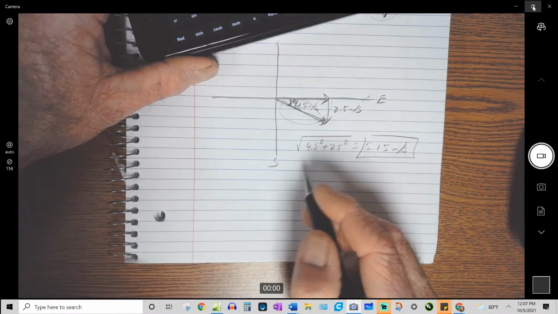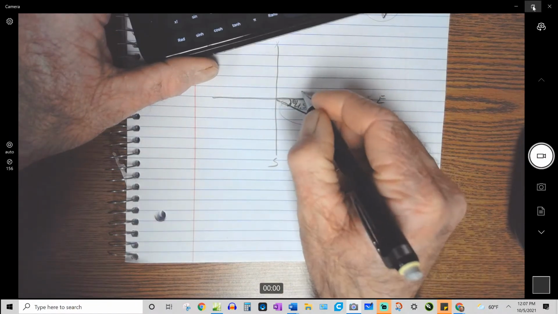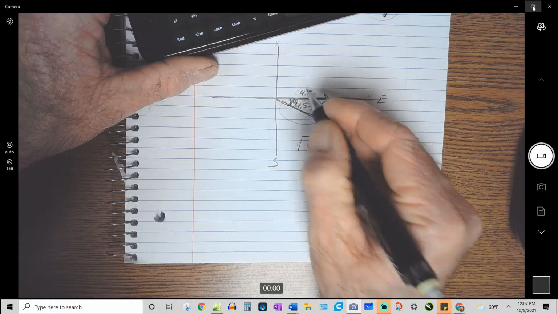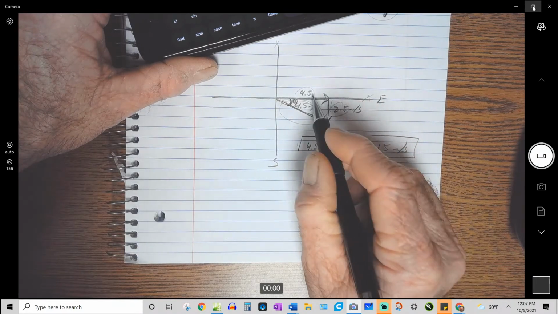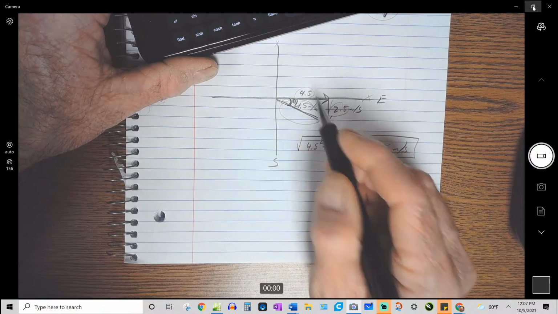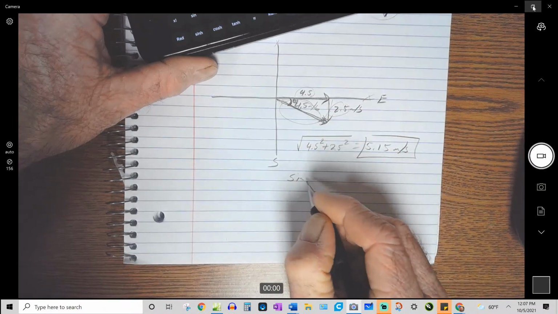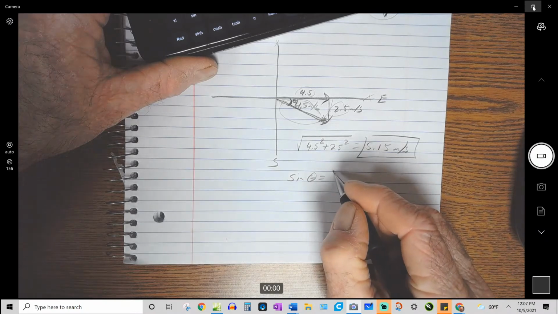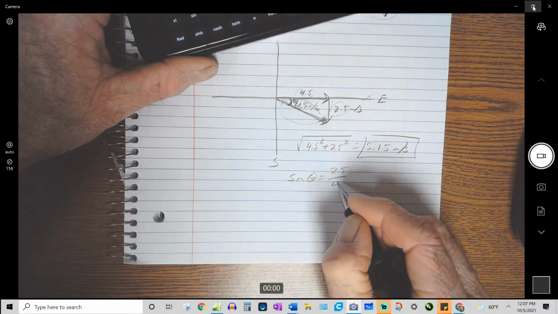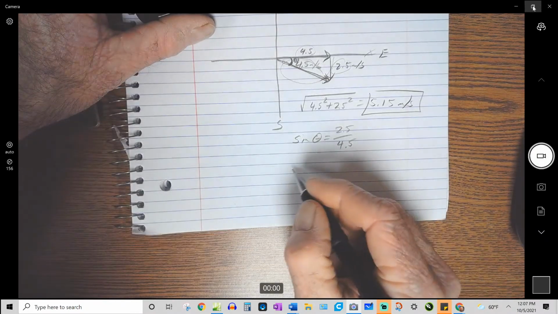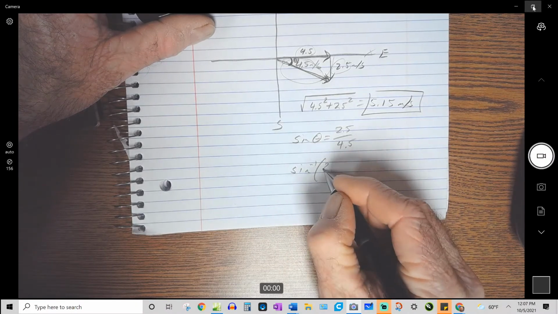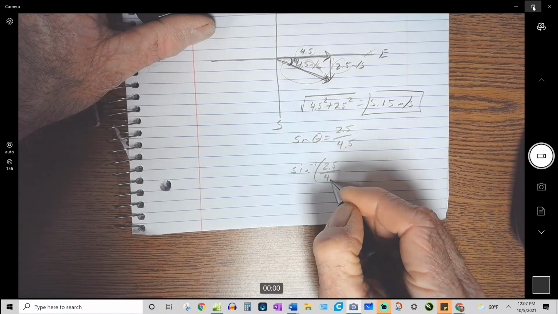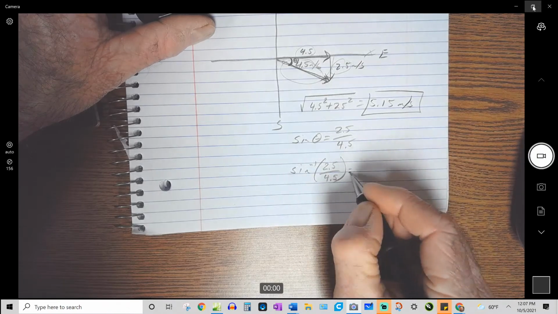So I can say that I'm going to write this differently. This is 4.5. This is 2.5. This is the opposite. This is the adjacent leg. So sine of theta equals 2.5 over 4.5. Therefore, the inverse sine of 2.5 over 4.5 gives me theta.